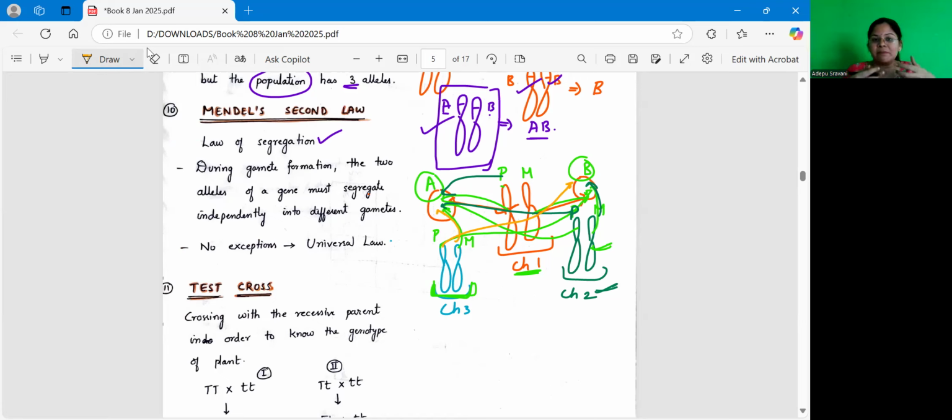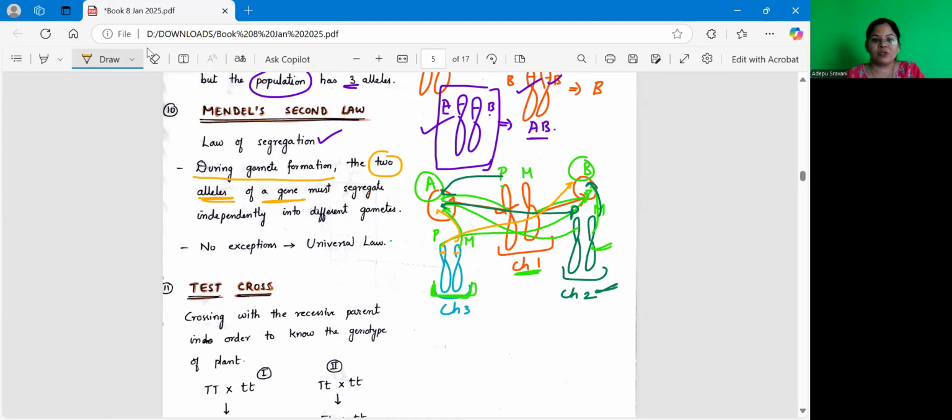Now, I have explained this in terms of chromosomes. You have to just replace the term chromosome with alleles or factors, as Mendel was using it, because Mendel didn't know about chromosomes, isn't it? So what is the law of segregation? During gamete formation, the 2 alleles of a gene, now, in the chromosome we have genes, right?